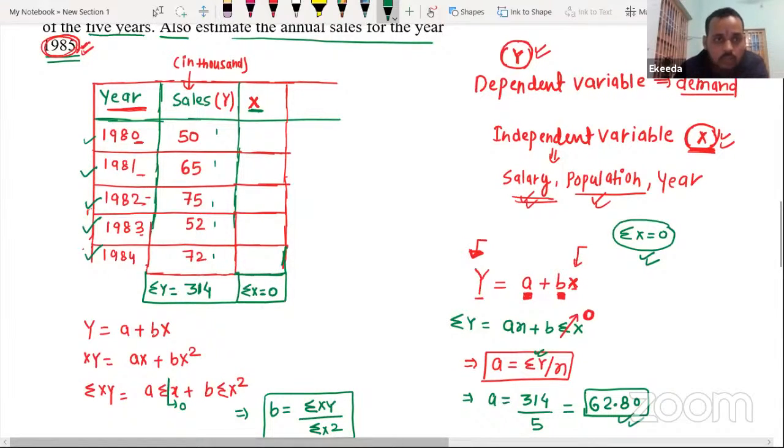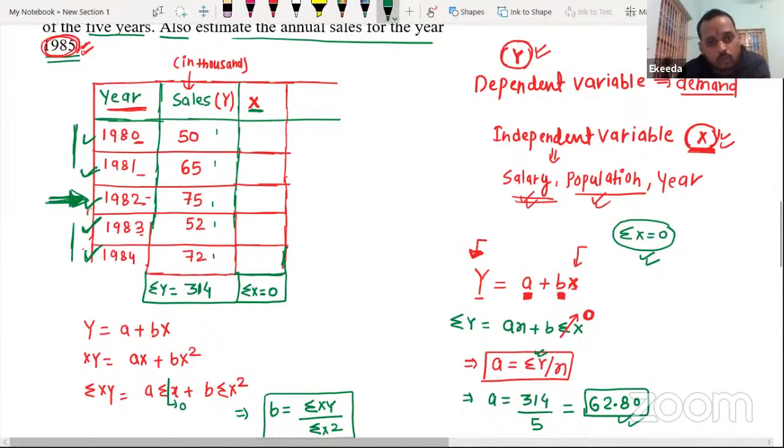First count 1, 2, 3, 4 and 5. It is odd, so take the middle data. This is the middle, this 1982 is the middle value.